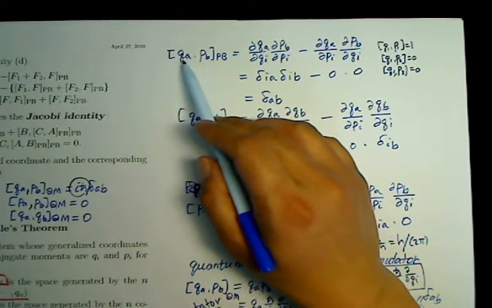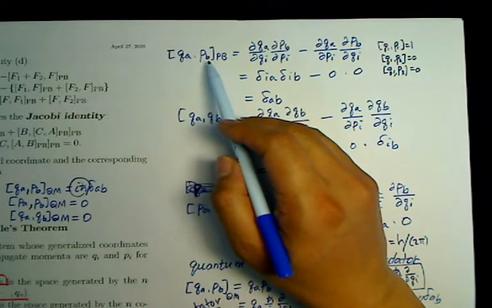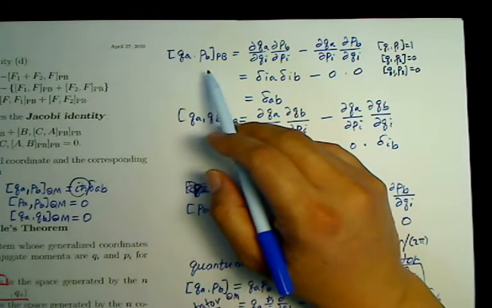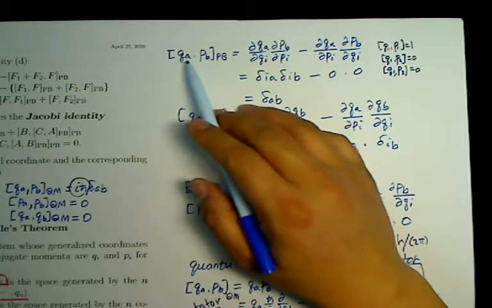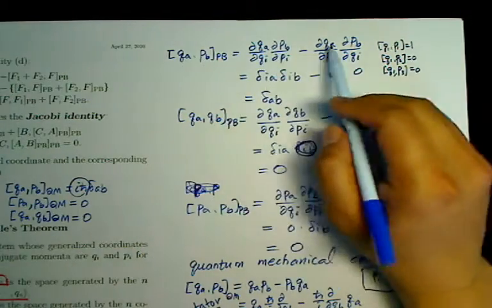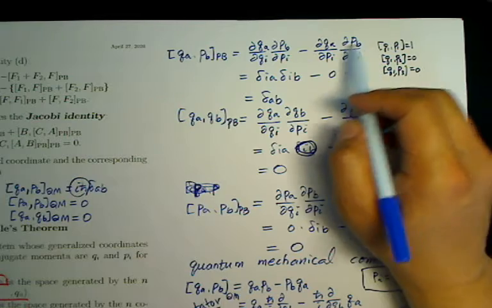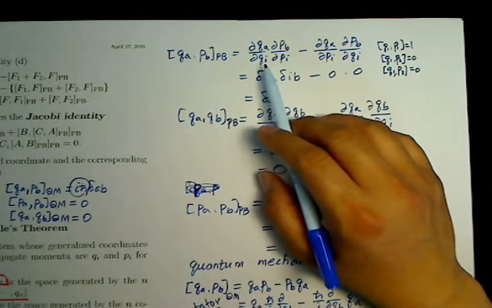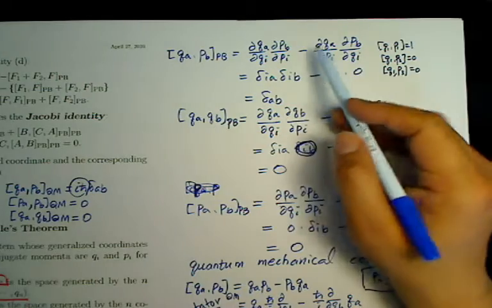Poisson bracket of Q and P, coordinate and conjugate momentum. First, the Poisson bracket of Q_A and P_B. The derivative should be made with respect to Q and P, and P and Q with a negative sign.